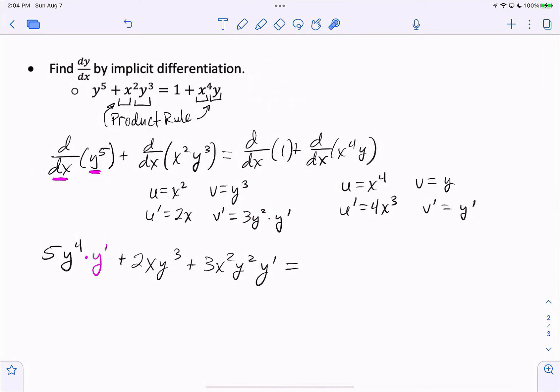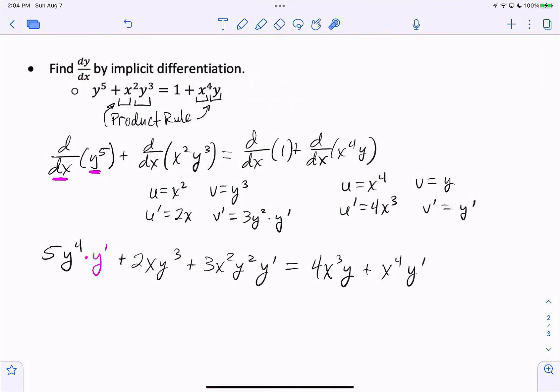We call that y prime. And the product rule is what? u prime v plus u v prime. And so we have 4x cubed y plus x to the fourth y prime.